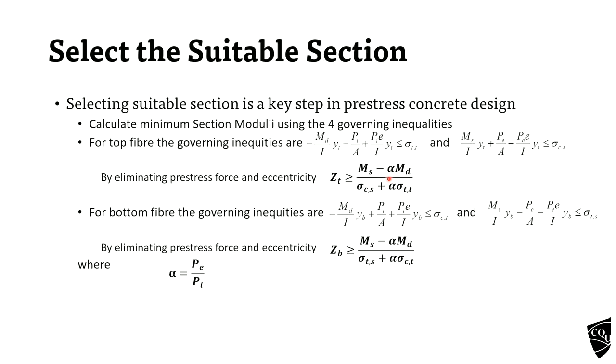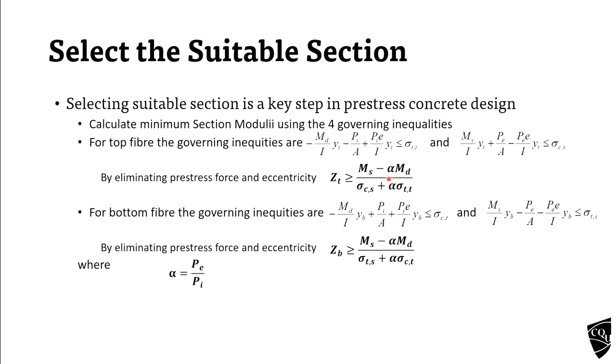The one moment is the service moment, the other moment is the transfer state moment. Yeah. So two moments and the allowable stresses. So here you don't have anything like P_i or e values.